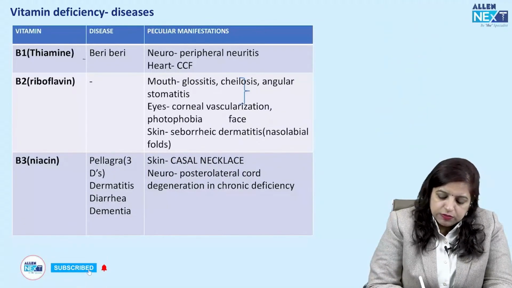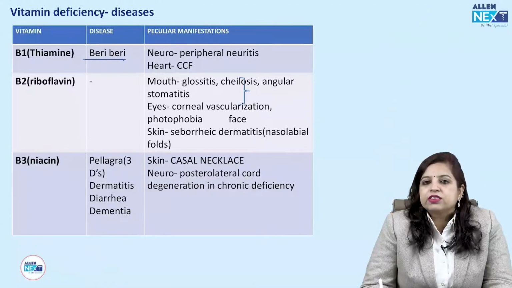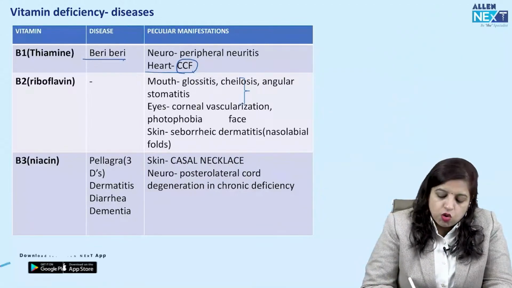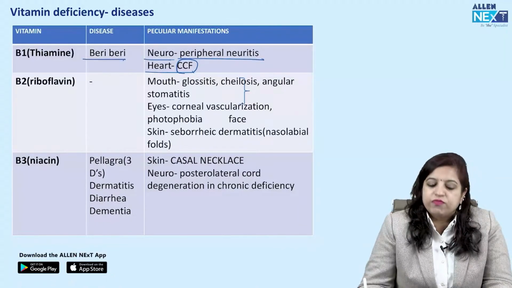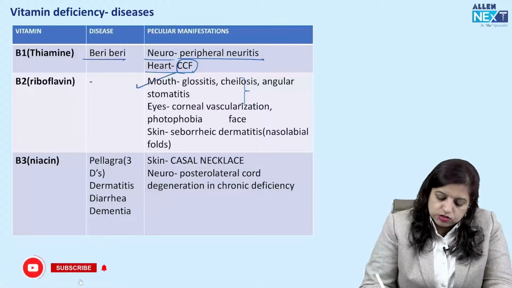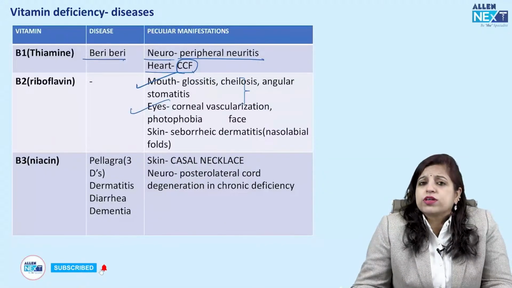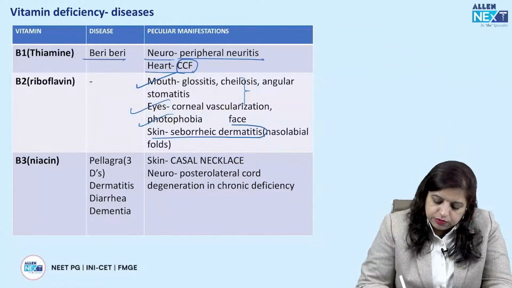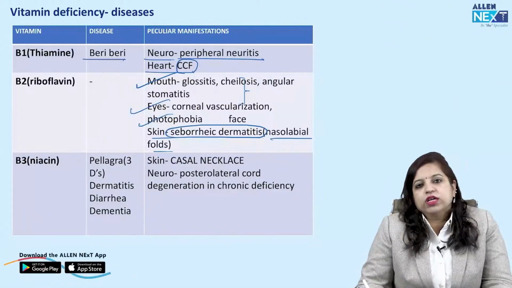So we should know that in beriberi we have two kinds of presentation. One is the heart involvement, where the child goes into congestive cardiac failure, or the neurological involvement in the form of peripheral neuritis. Riboflavin deficiency, we've already discussed the mouth signs, the eye signs, the corneal vascularization and the cataract, and photophobia, and the skin seborrheic dermatitis, typically involving the nasolabial folds.